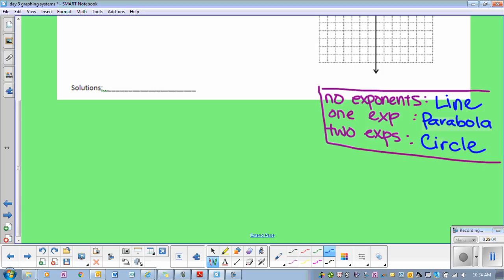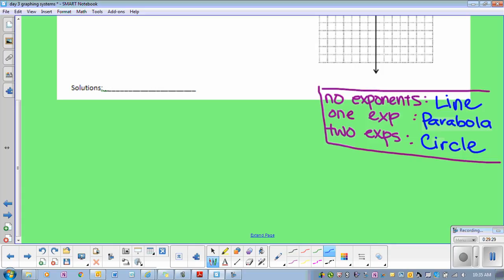All right? This should give you a huge hint about what it is that you are graphing and what they should look like, right? The line and the parabola you can put into the calculator. The circles, no. I mean, you can put them in the calculator, but I'm not going to show you because it's just way too confusing.